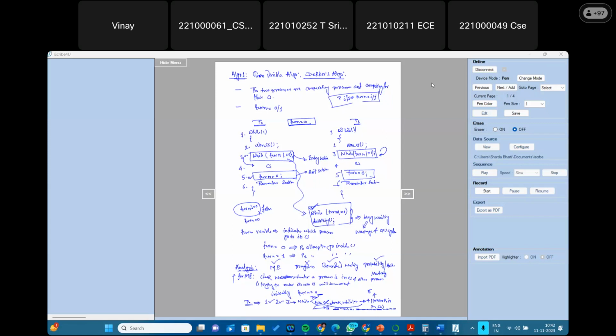But at that time, P0 has already executed its critical section. So at the same time, no two processes are executing their critical section. So mutual exclusion is achieved. Fifth, then sixth. Okay.